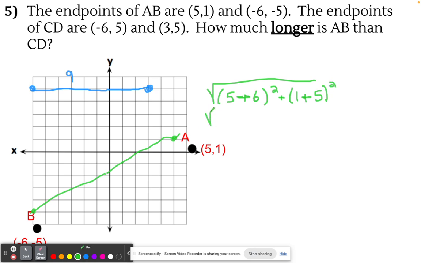Well, 5 plus 6 is 11 to the second power. And 1 plus 5 is 6 to the second power. 11 to the second power is 121. 6 to the second power is 36. 121 plus 36 is 157.